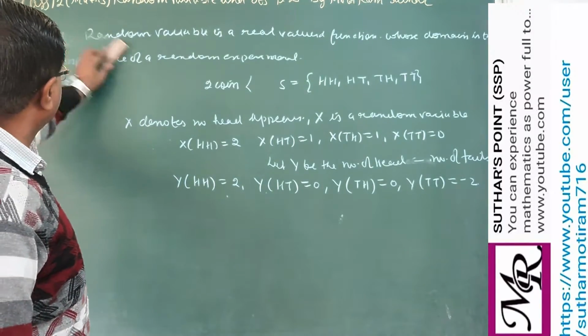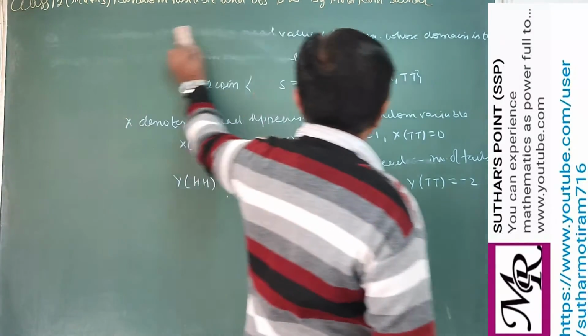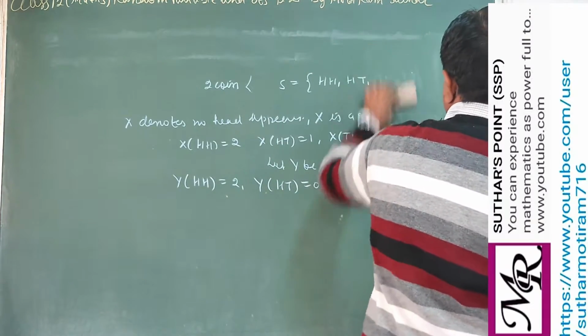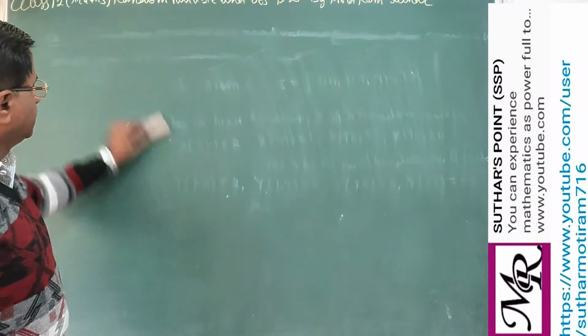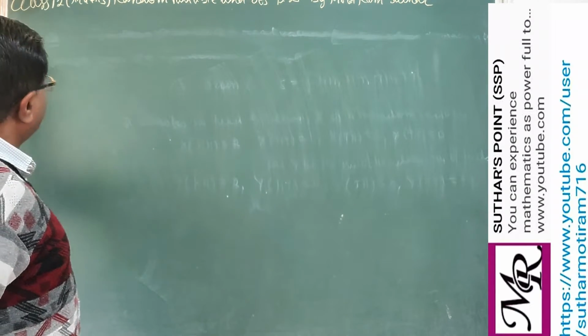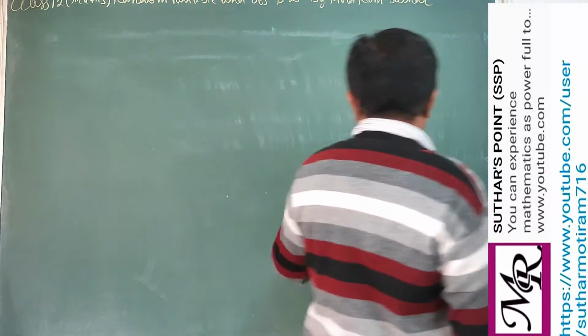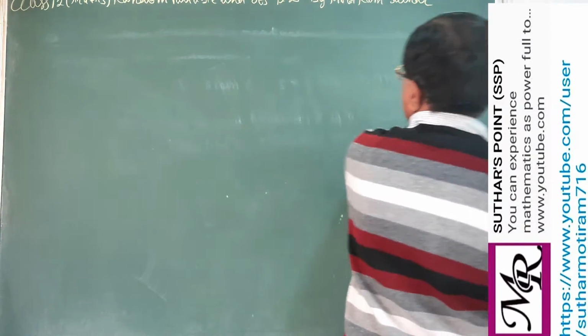Now one example is given. So we may write Example 22, an application of this random variable: how we can identify or find the random variable for a particular example. So write down Example 22.